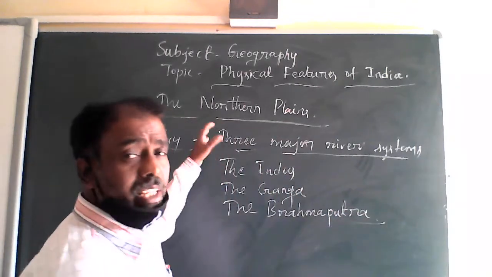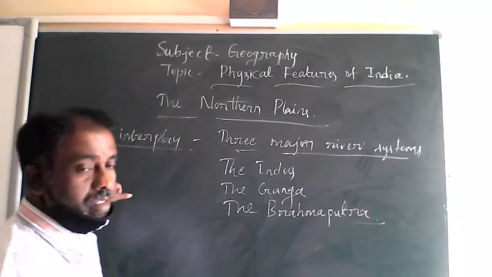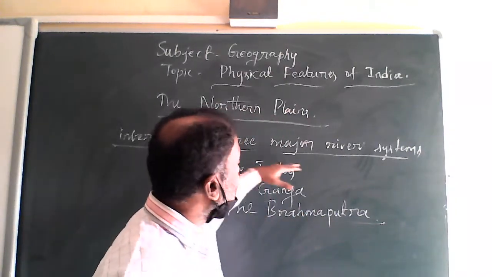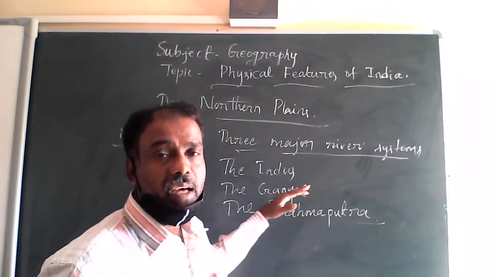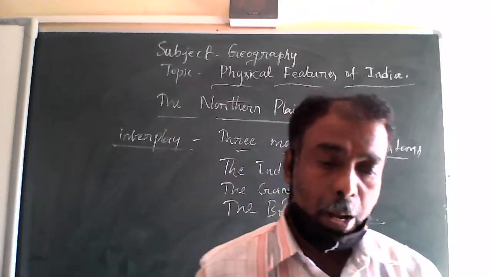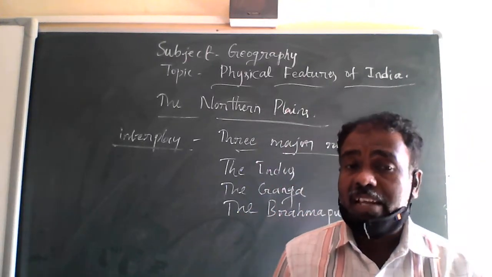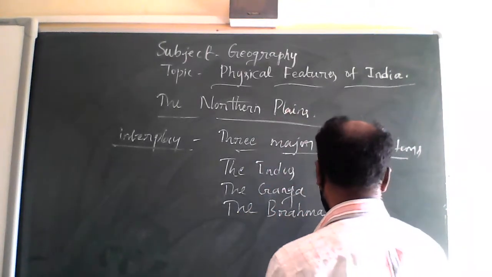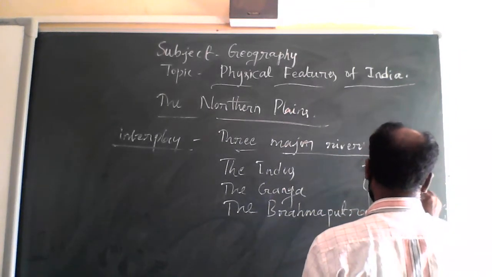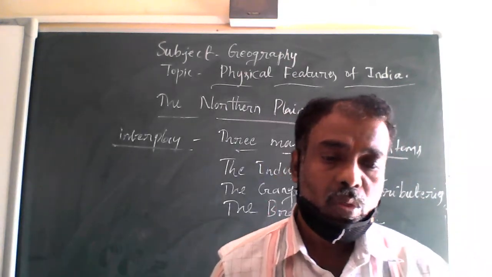The northern plains have been formed by the interplay of these three major river systems: the river Indus, the river Ganga, and the river Brahmaputra. Not only these, but along with their tributaries also. Got it now?